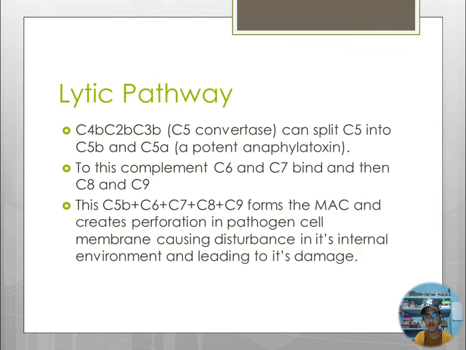Now to the C5b, C6 and C7 bind, and then we have C8 and C9 which bind, and ultimately the C9 creates the pore in the cell membrane of the pathogen and causes internal damage to the cell, and the cell further gets apoptosed.